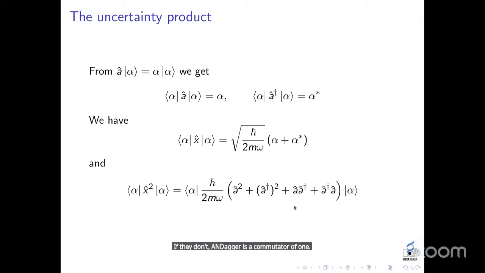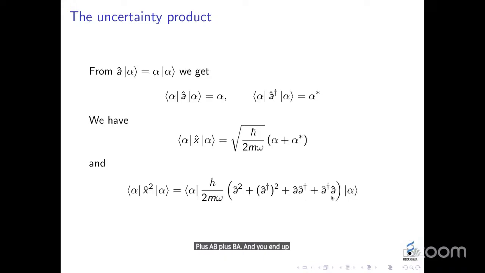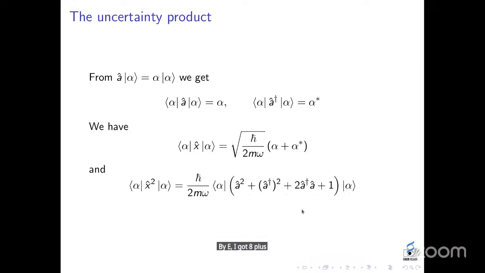So you cannot write A plus B whole square as A square plus B square plus twice AB, but you can write it as A square plus B square plus AB plus BA. And you end up with this, A A dagger plus A dagger A. And what will make life easier for us is that you can replace the A A dagger by A dagger A plus 1 from the commutation relation. So this is what you get.